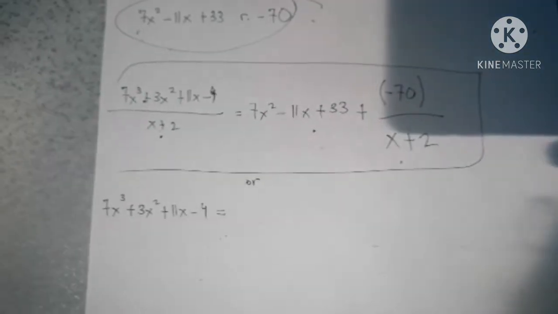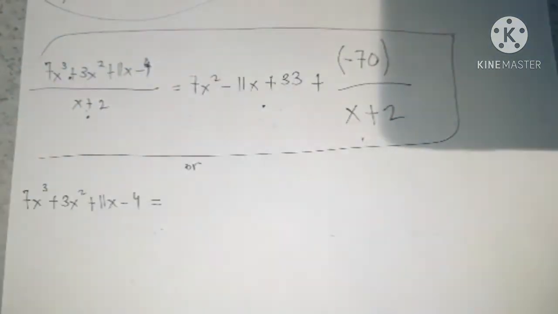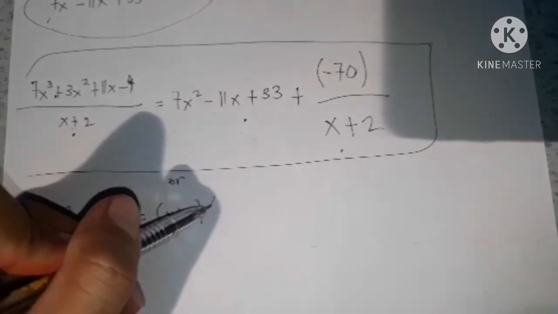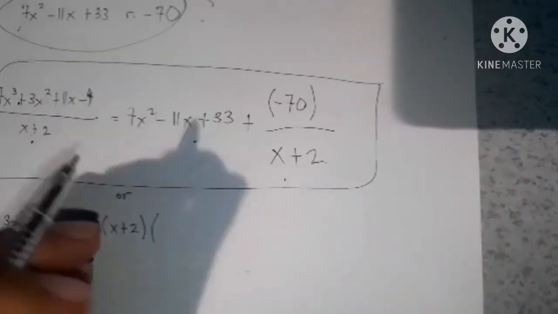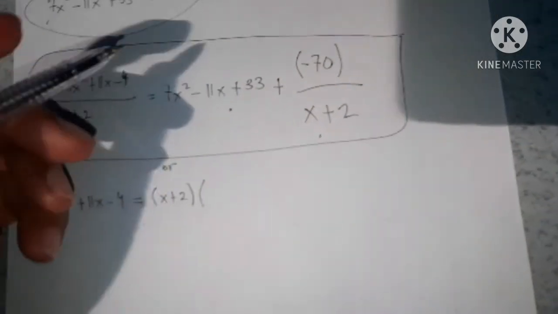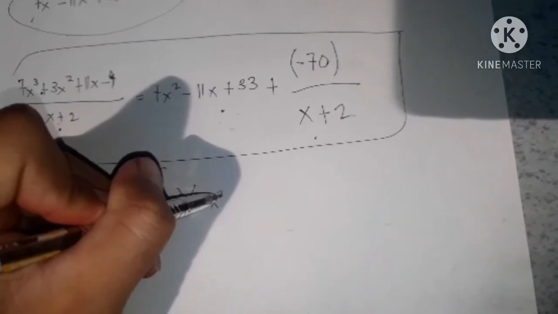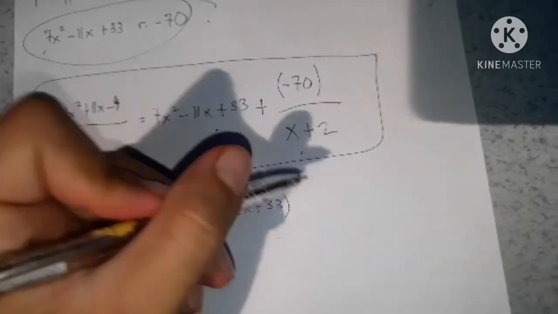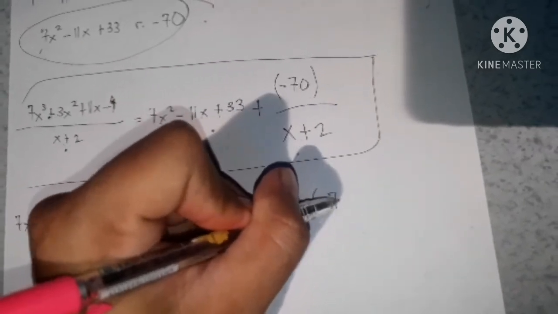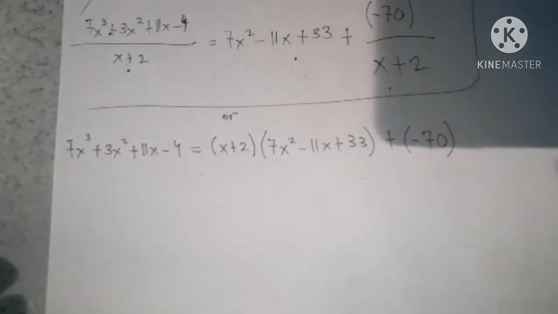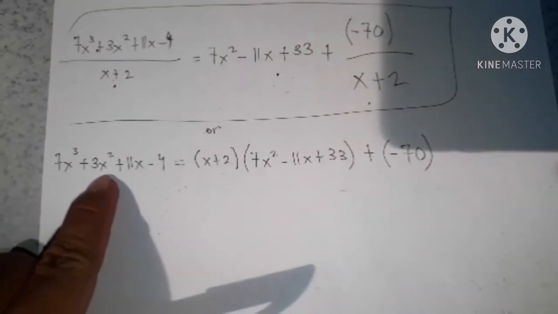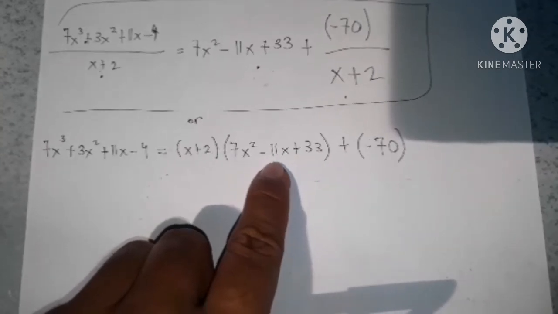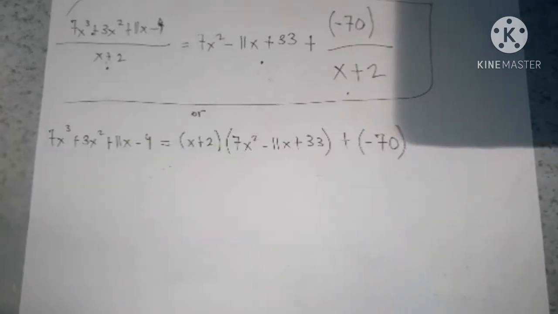Again, dividend divided by the divisor is equal to the quotient plus the remainder over divisor. Okay naman in this form. So you have, sorry, this is the divisor, times the quotient plus the remainder. And again, so you have the dividend equals the divisor times the quotient plus the remainder.